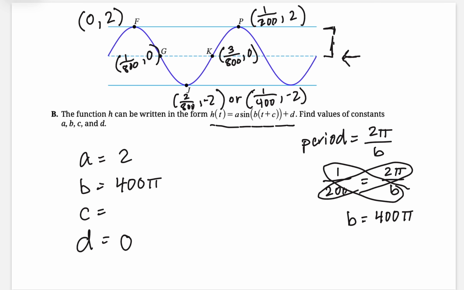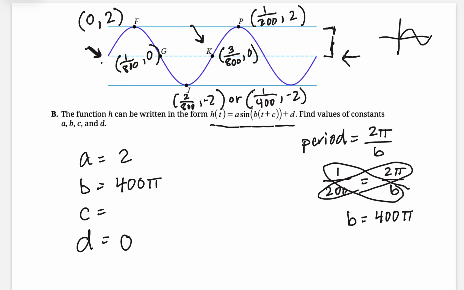So we are thinking about how sine starts at 0, goes up, down, and then back to 0. So K could be our starting point of our sine graph, or this point that doesn't have a label right here could be our starting point. So there are multiple answers that they will accept on this one, and so we can pick either one of those points and shift our graph.